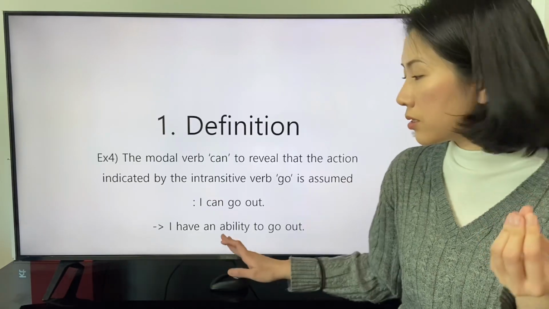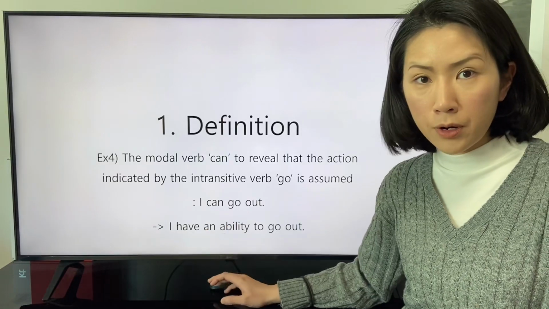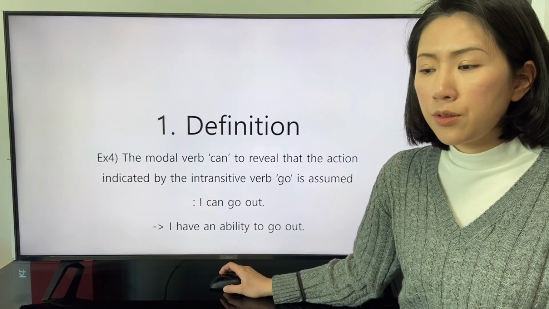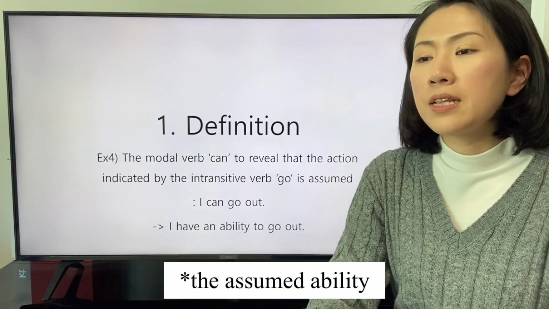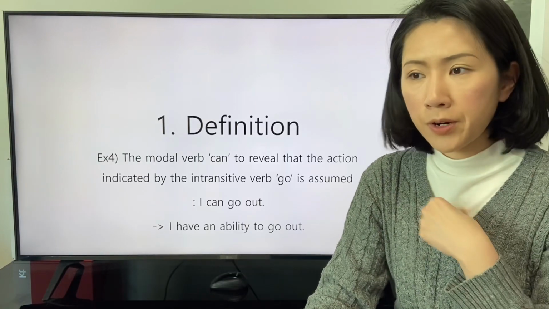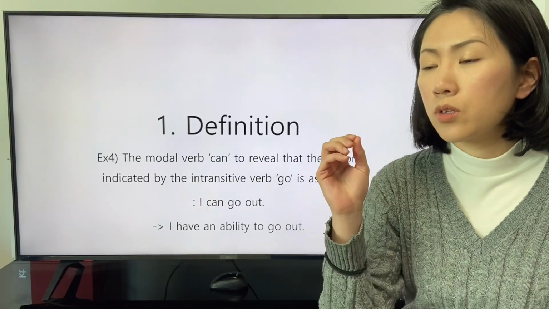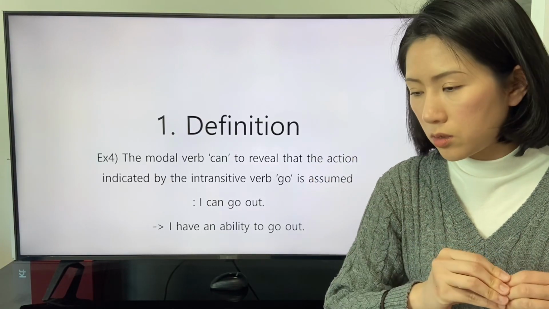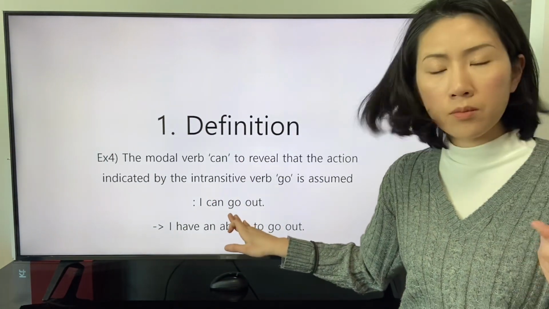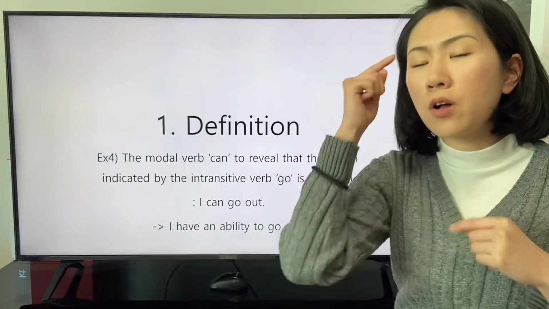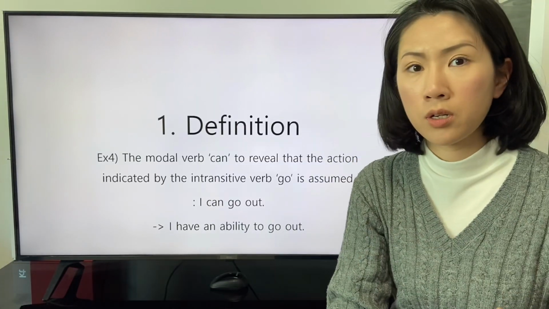This clause focuses on the definition of the modal verb can. The definition of the modal verb can reveals the assumption of the speaker. The assumption means that the speaker does not actualize the action, but the speaker considers the actualization in the near future.